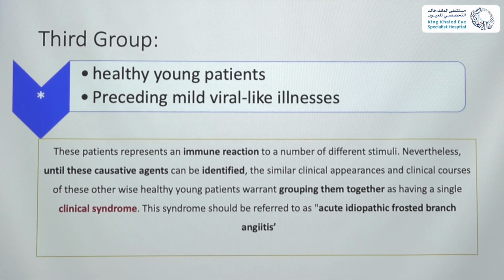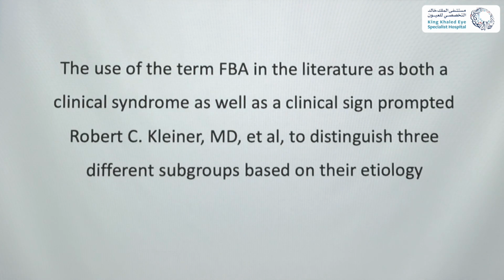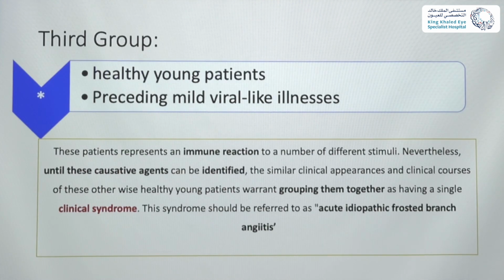For the third group, they are healthy young patients, and they have preceding viral-like illnesses. These patients represent an immune reaction to a number of different stimuli.